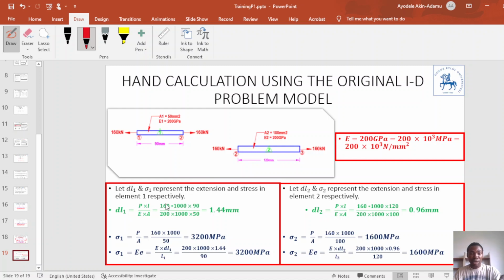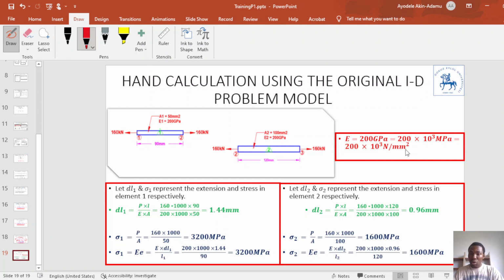So P is 160 times 10 to the 3 Newton. That's why 160 times 1000 is written here, multiplied by the length of the material, which is 90 mm, divided by the Young modulus E. I put this relationship here so that you understand the relationship between gigapascal, megapascal, and Newton per millimeter square.